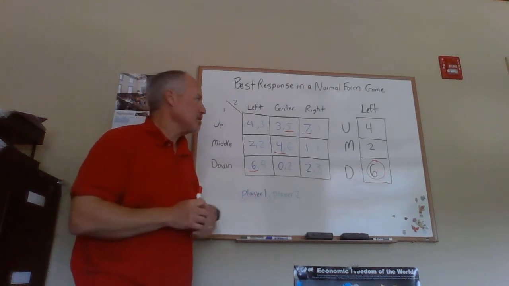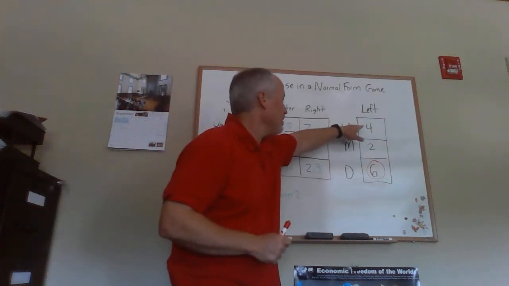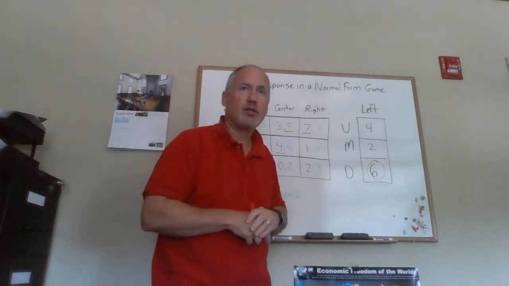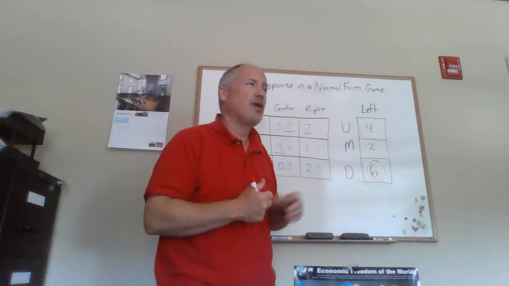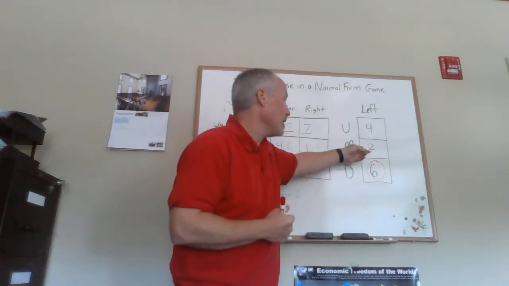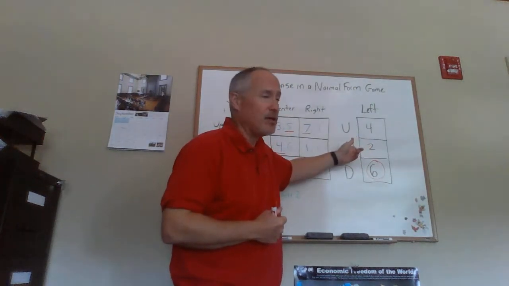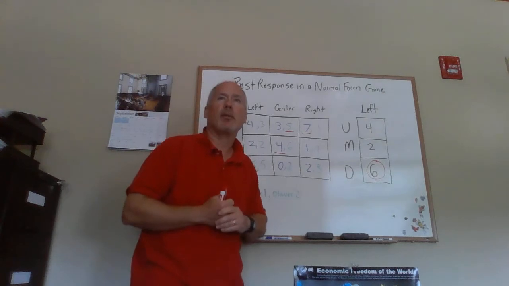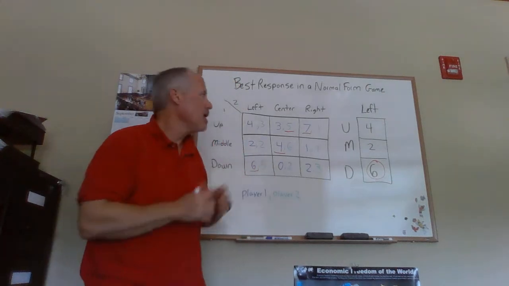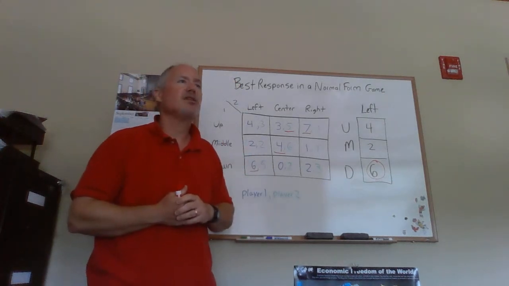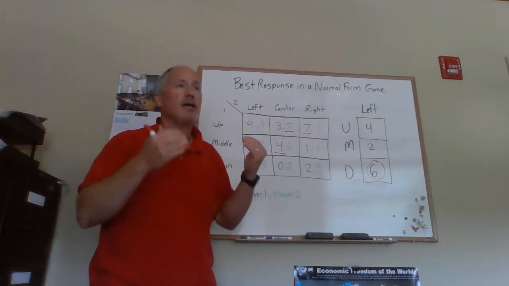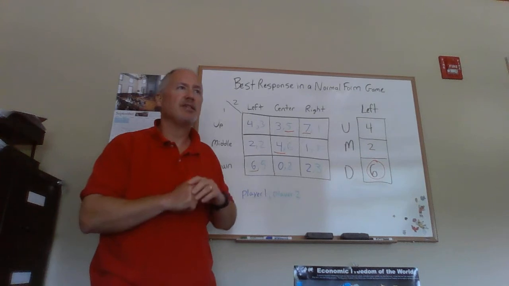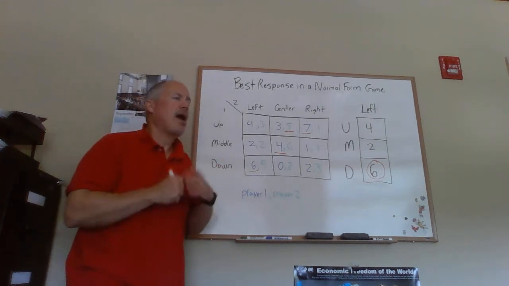So player 1 might have -4, -2, -6, in which case you'd simply be trying to choose the highest payoff. If these are all negatives, then middle would give them the highest payoff because -2 is bigger than -4 or -6. Again, if you have negative numbers in there, it's not a problem. You're just comparing to see which is the biggest number.